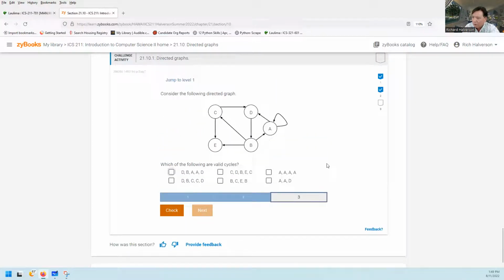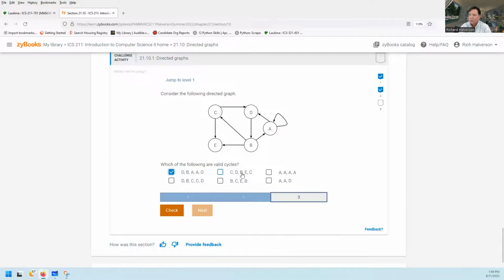Which of the following are valid cycles? We're talking about cycles now, so that means you got to start and end at the same place. This one doesn't start and end at the same place, so that's not valid. Let's start with this one. D, B, A, A, D. Yes, this is possible.